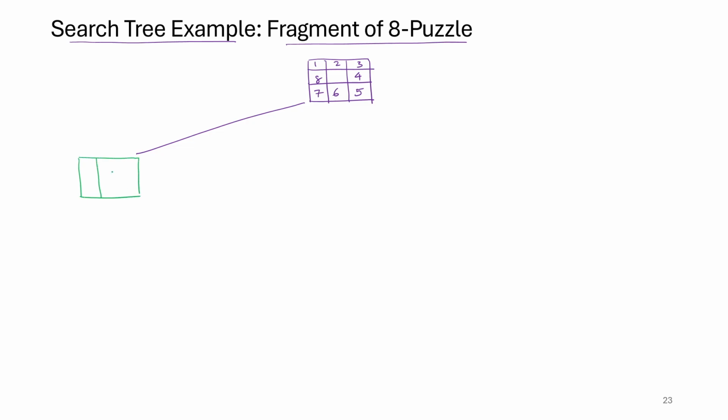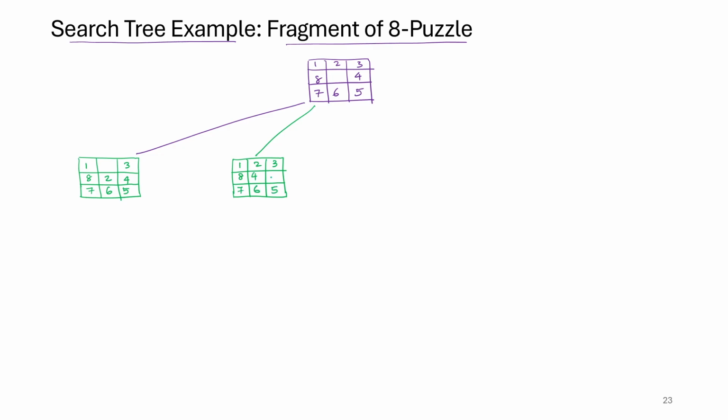The first thing we can do is move the 2 below, so the 2 will come here, giving 1, 3, 8, 4, 7, 6, 5. The second thing we can do is move the 4 next to the 8.